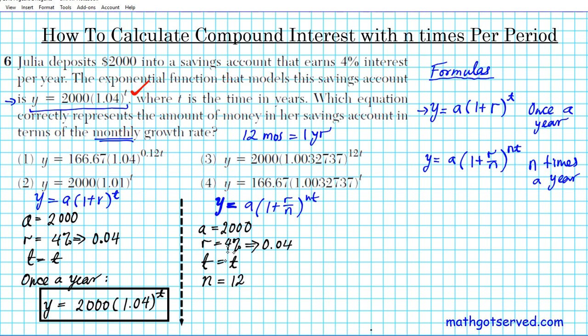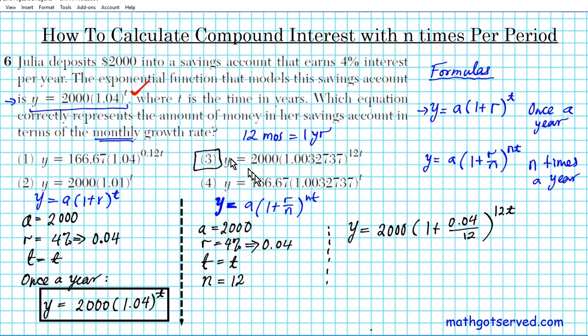So if we substitute all that into the formula, we're going to have y equals 2000 times 1 plus 0.04 over 12 raised to the 12t. If you just look at the setup we have right here, you can automatically see that the correct answer is option number 3.